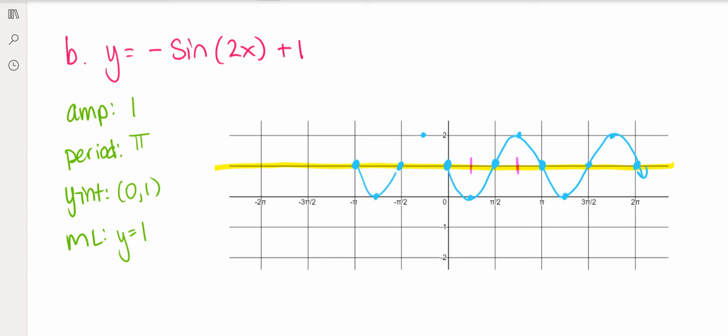And you guys can put all your points at one time if you want, or you guys can go one cycle at a time like I am doing. It is completely up to you. Another cycle, middle, up, down. That is another cycle of sine.